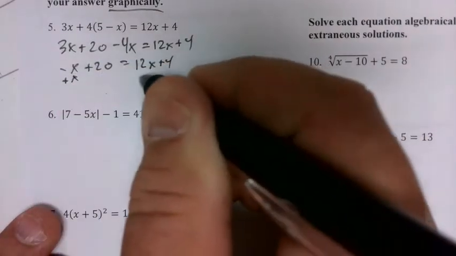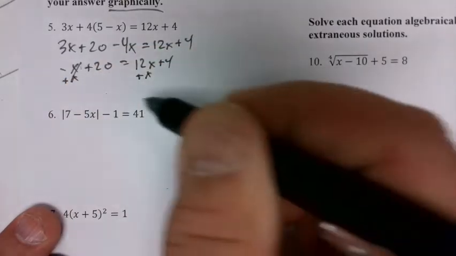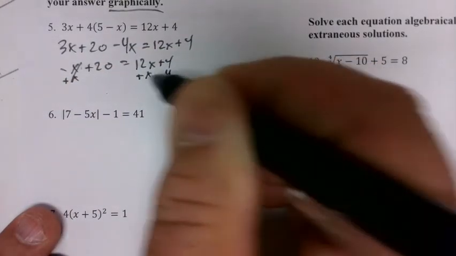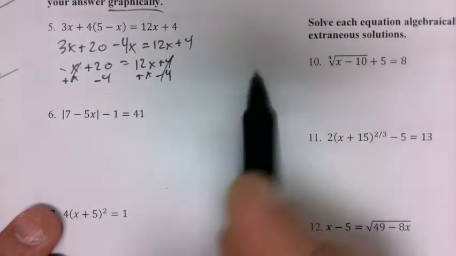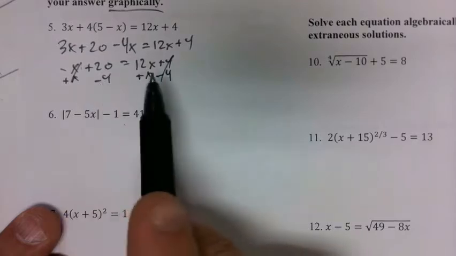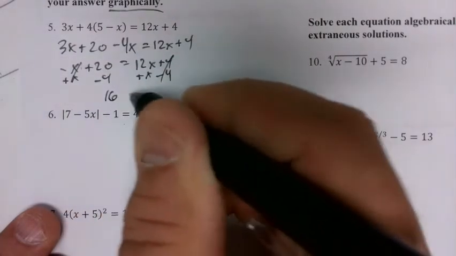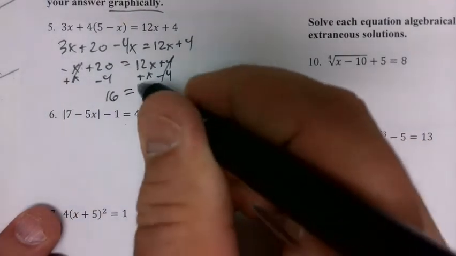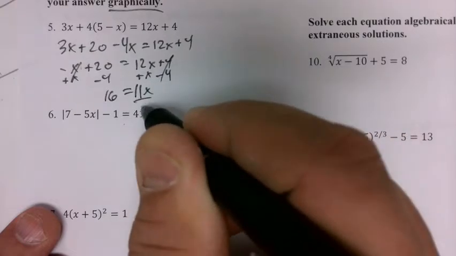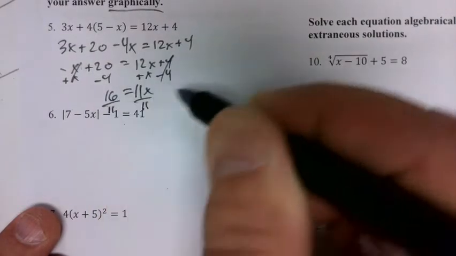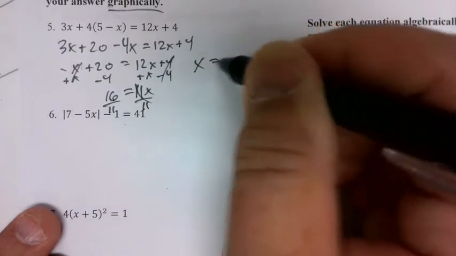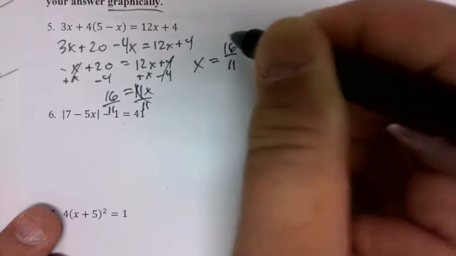I'm going to add x to each side, and I'm going to subtract 4 right now. That gets rid of the minus 4 here and puts it over here. 20 minus 4 is 16, equals 12 plus 1 is 11x. And if I divide by 11 on each side, I get x equals 16 elevenths.